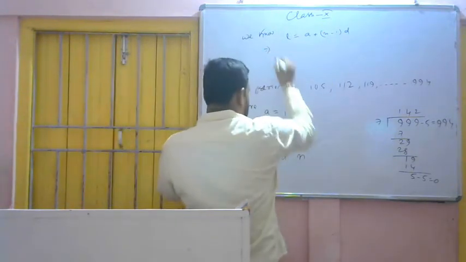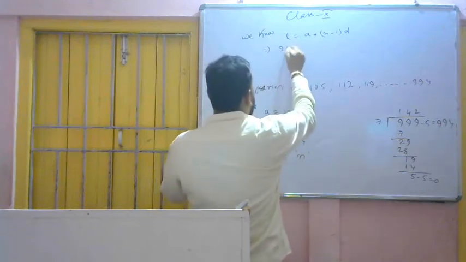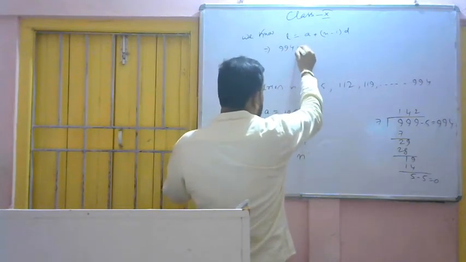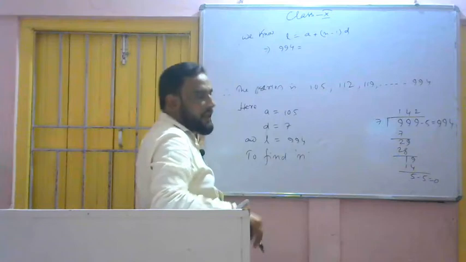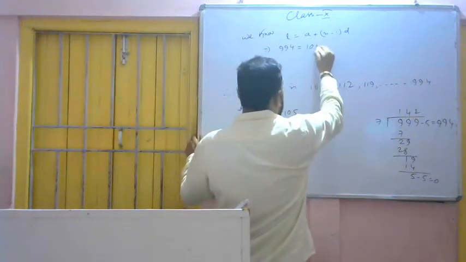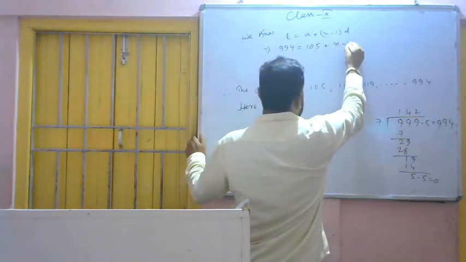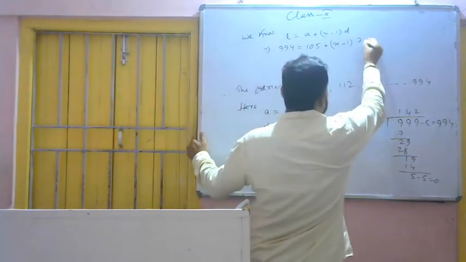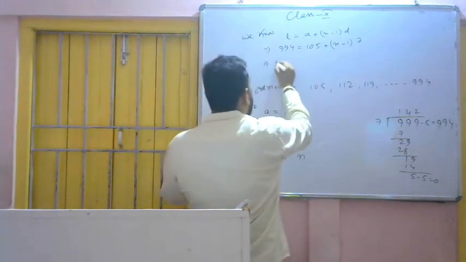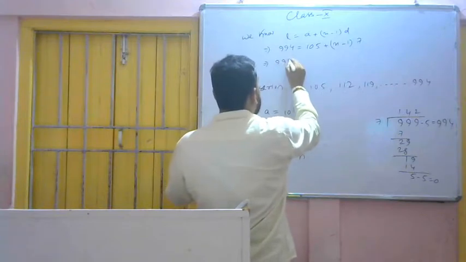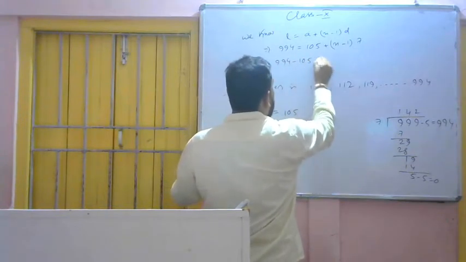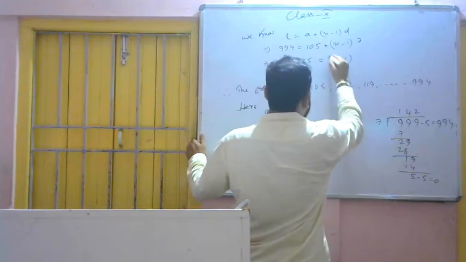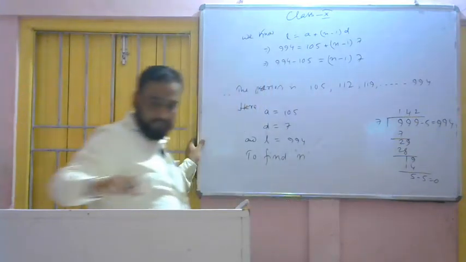Now what is L? 994 is equal to A, which is 105, plus n minus 1, and D is 7. Then 994 minus 105 is equal to n minus 1 into 7.